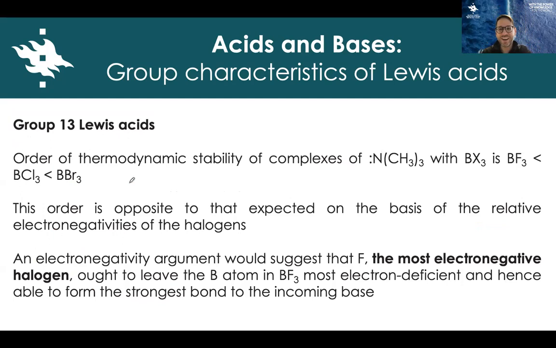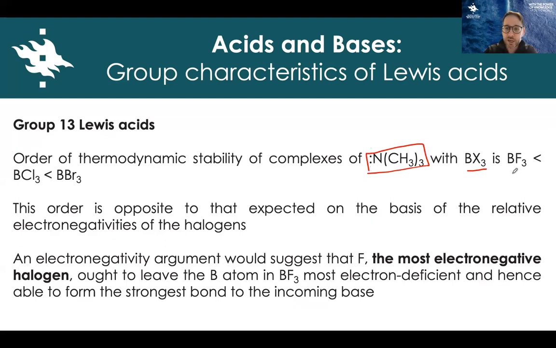And this order of acidity is expressed by the order of thermodynamic stability of the complex between these 3 halides with a base, such as this species. The higher thermodynamic stability here indicates that the acid-base interaction is more favored, as if we have a strong acid-base interaction, the energy of the system will be lowered to a larger extent, so we will have more thermodynamic stability.